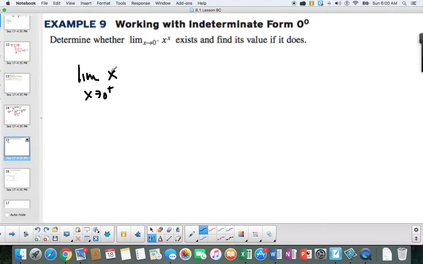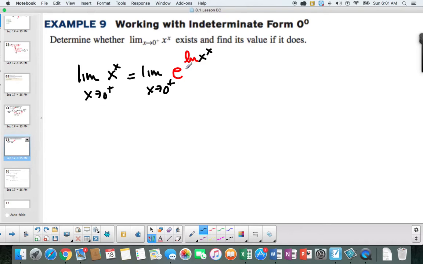So this is x to the x, and the strategy is to look at it in terms of a natural log. So I'm going to use another color. I'm going to write this as e to the natural log of x to the x power.